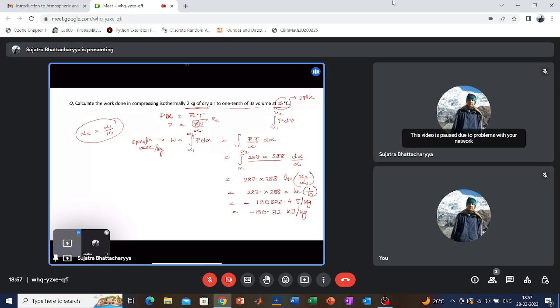Now this is the work done for 1 kg, so for 2 kg, just multiply it by 2. And this is isothermal compression, that's why it is negative. So this is the question.